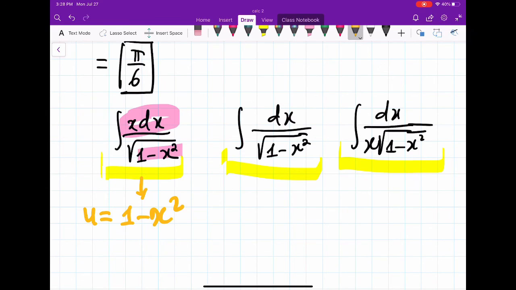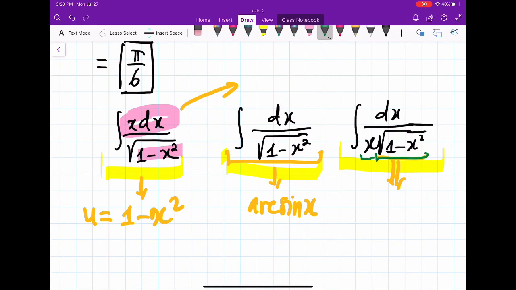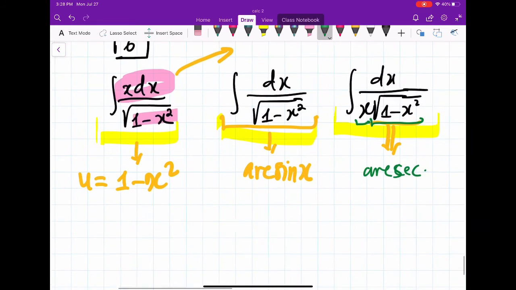But in the second integral, we don't have the combination x dx. And we see that actually we have this form, so it's familiar to us. We use arcsine of x. And here we have the square root of 1 minus x squared, right? But we still have 1 over x in here. So we use arcsecant of x. So you know, it really depends on your integral.